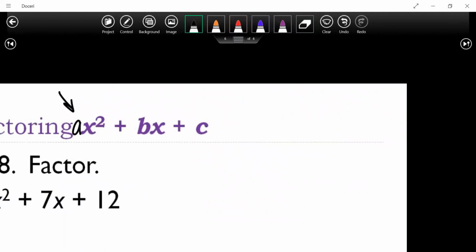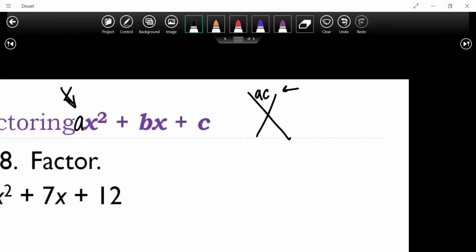We do the snowflake method. This is the regular snowflake method. Whatever is being multiplied, we keep on top. Our B is going to be on the bottom. So B term.